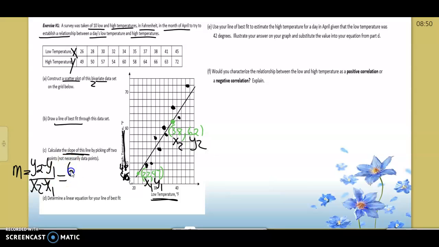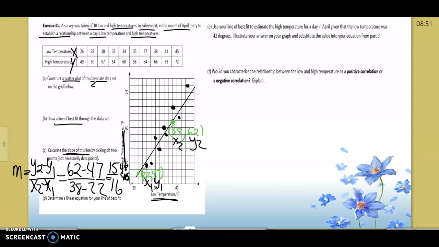And that's going to be 62 minus 22, and then 38 minus, geez. My apologies, guys. 62 minus 47, I was looking at the wrong number. 38 minus 22. 62 minus 47 is 15, and 38 minus 22 is 16.